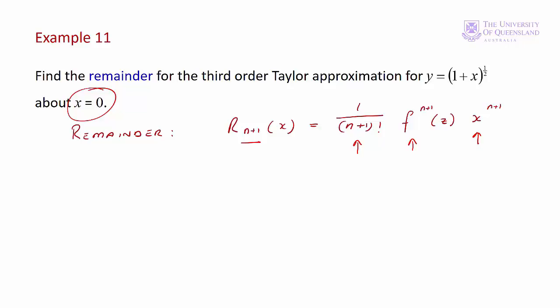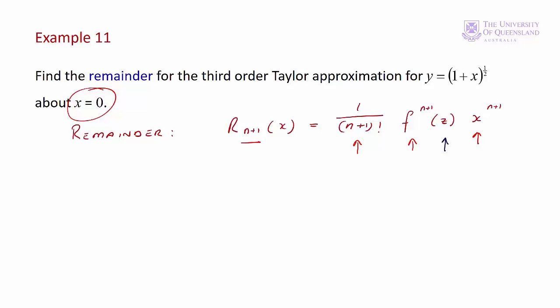If we had a Taylor approximation around some number other than 0, then we'd replace the x here by x minus a to the n plus 1. However, the textbook just focuses on the Maclaurin series for approximations about x equals 0, so we'll stick with that. The z here is a value of x that we determine, and that's the value of x that maximises that n plus 1th derivative.